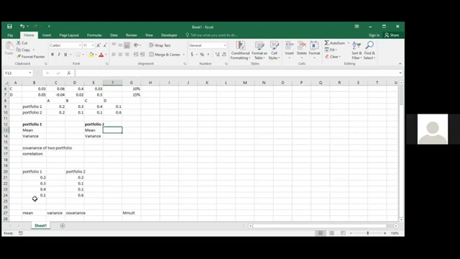Now portfolio 2. So how to calculate the portfolio return? That is very simple.